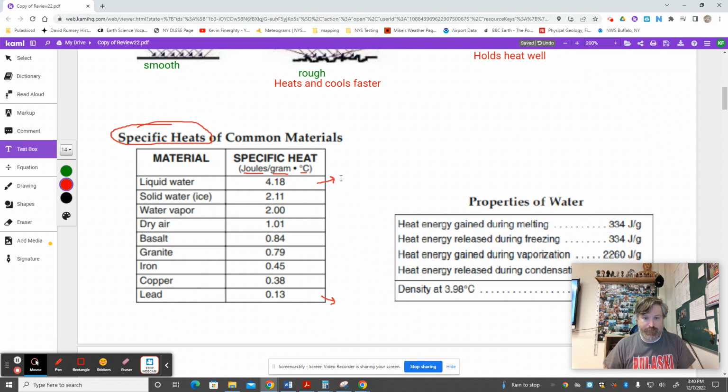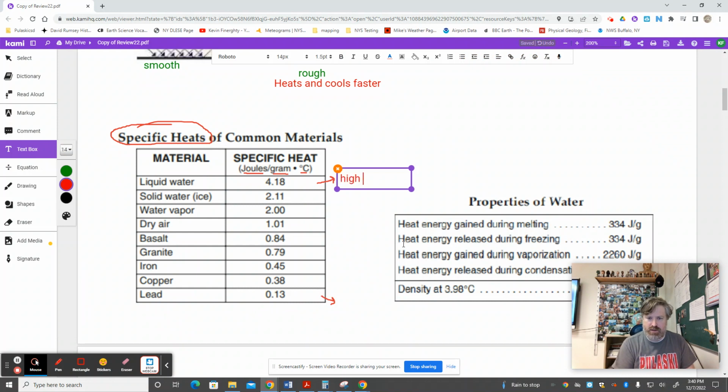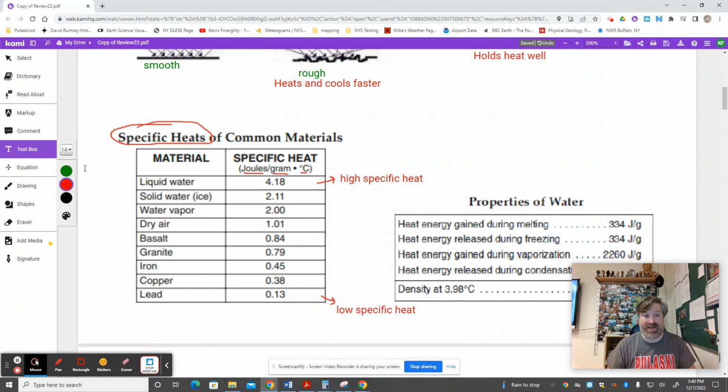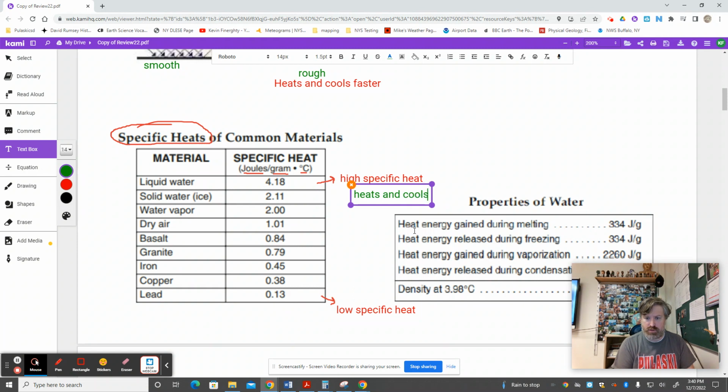So this has a very high specific heat. It has a very low specific heat. What that means, same thing, I know you're probably getting sick of writing this, we've said it multiple times, is that this heats and cools slowly, whereas this lead would heat and cool quickly.